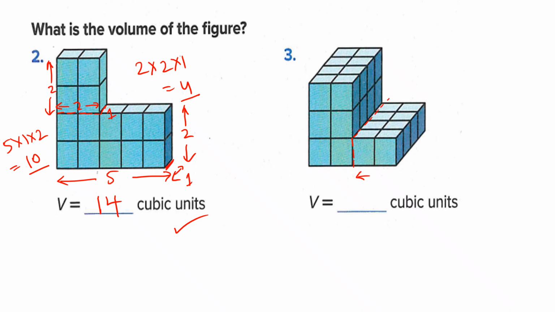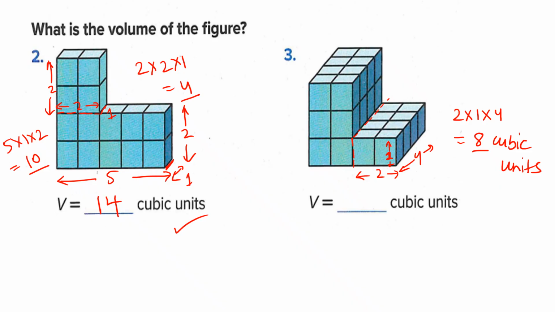So let's do it. This is 2, the height is 1, and this is 1, 2, 3, 4. So how much is the volume? 2 multiplied with 1 multiplied by 4. That's 8 cubic units. This is the volume for the small one.